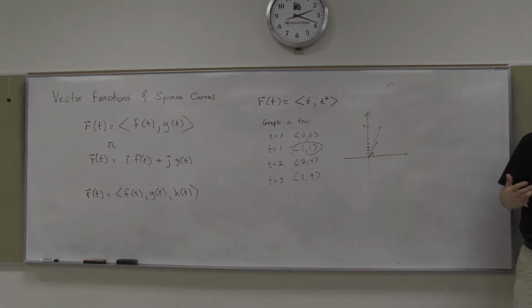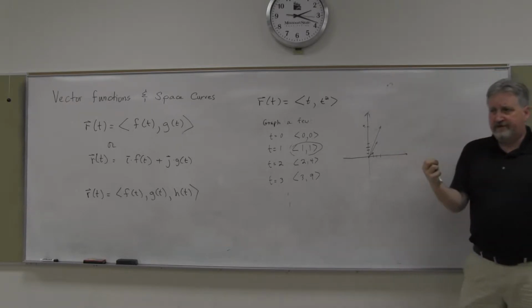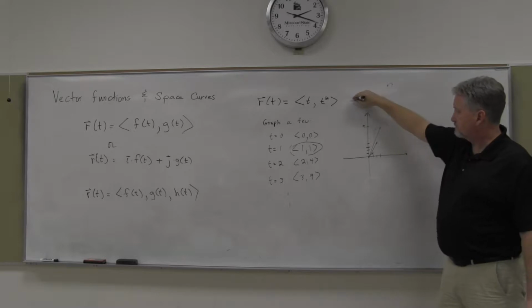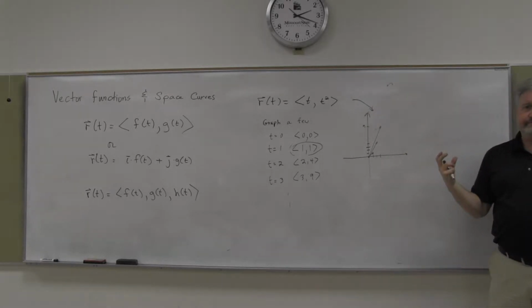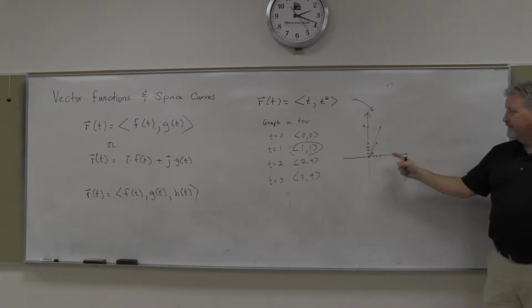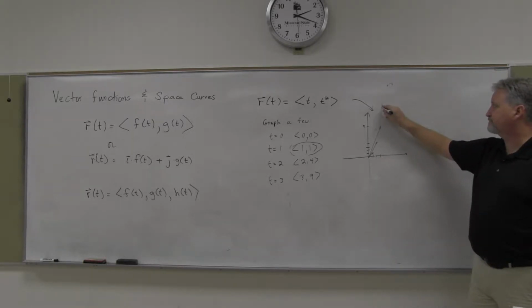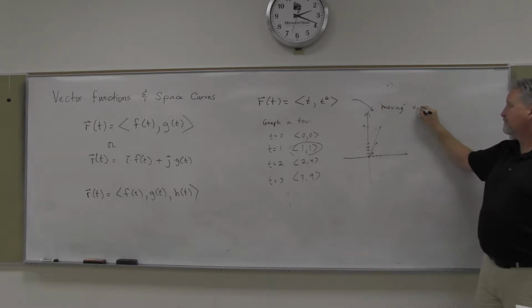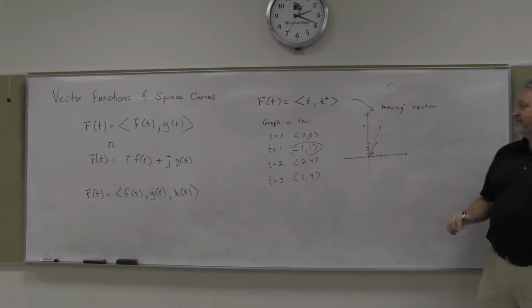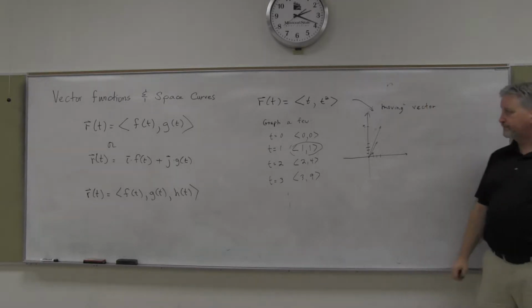So one way you can think of the vector function itself is as these moving vectors, if you will, moving or stretching, however you want to think of it. In this case, each vector keeps getting longer and longer, and so forth.